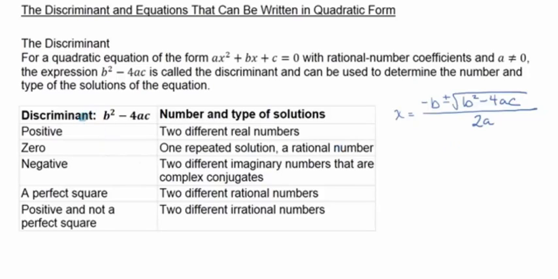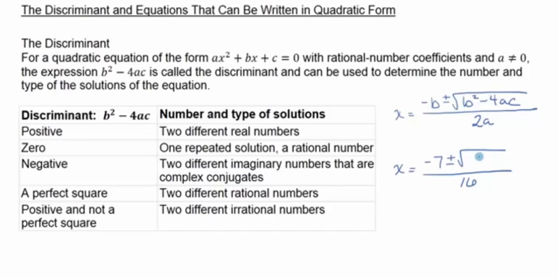So our chart here says that if the discriminant b squared minus 4ac is positive, then we'll get two different real number solutions. And you can see that because let's just make up some numbers here. Let's say I ended up with negative 7 plus or minus square root of something over 16.